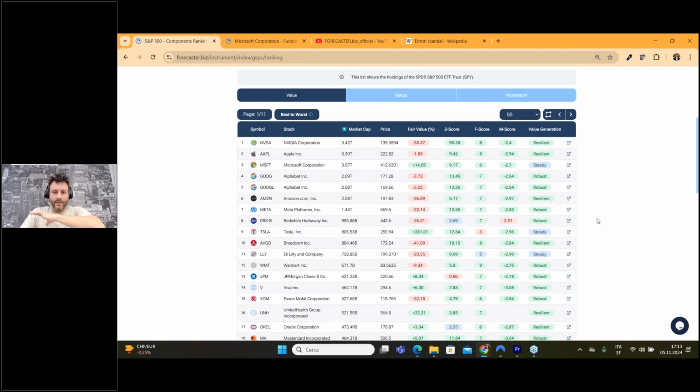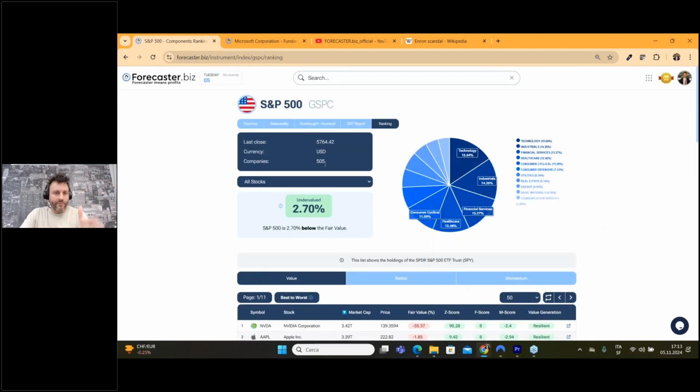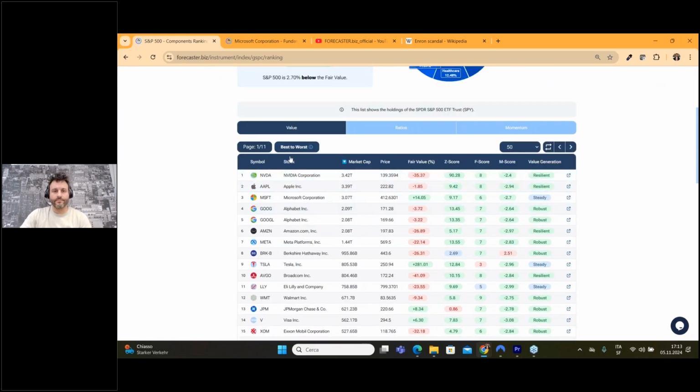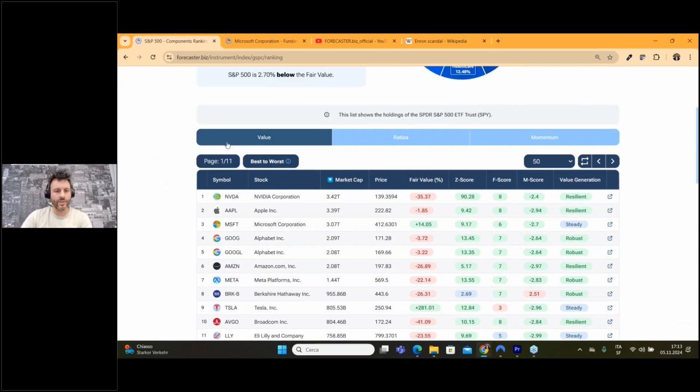We do the same calculation for every S&P 500 component, and of course we do it for all the indexes all around the globe, and we find if the entire index is over or undervalued. Okay, perfect. If we go here, we have this very nice button, the best to worst button.